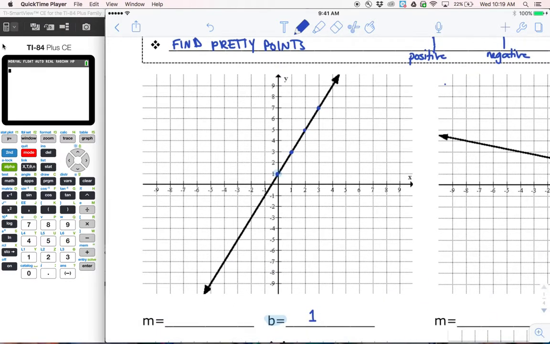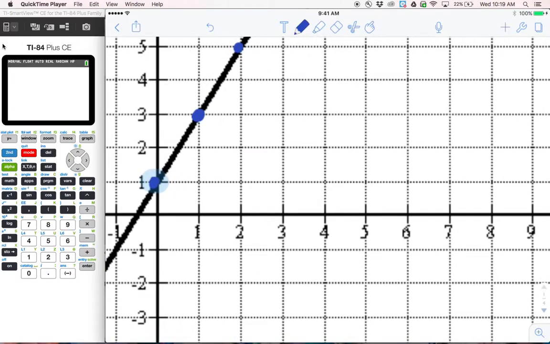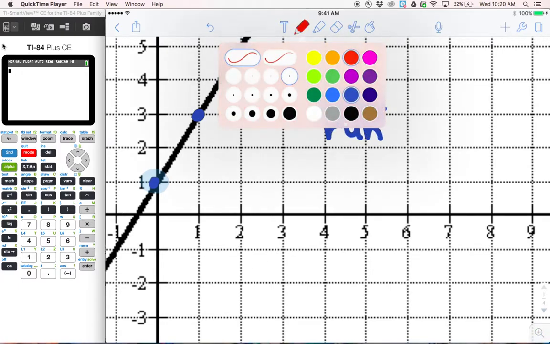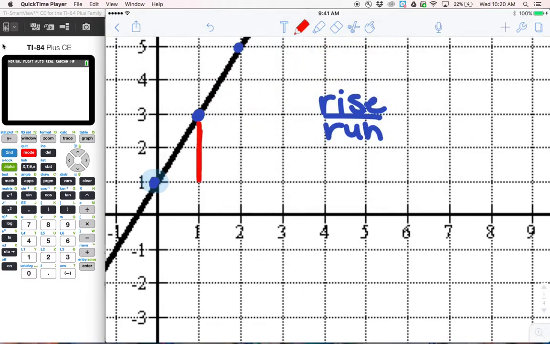Once you have found a couple of good points, you honestly only need 2, you're going to start calculating the slope by really thinking about rise over run. From this point to this point, how much did I rise? Well, that's just 2. And how much did I run?